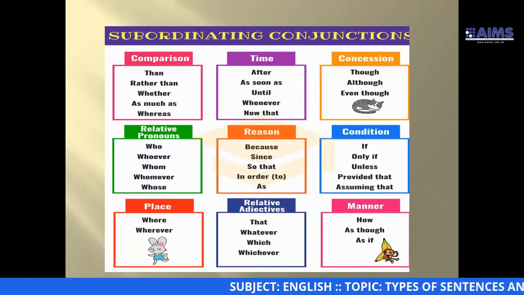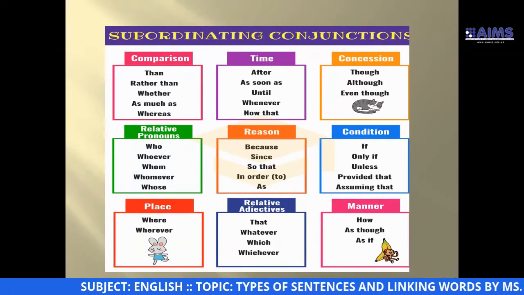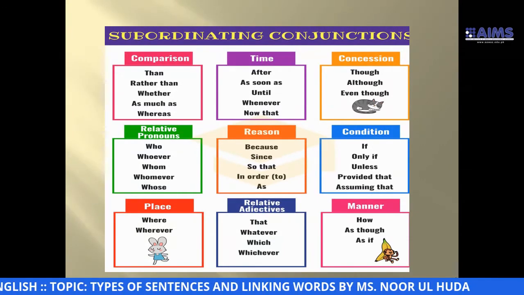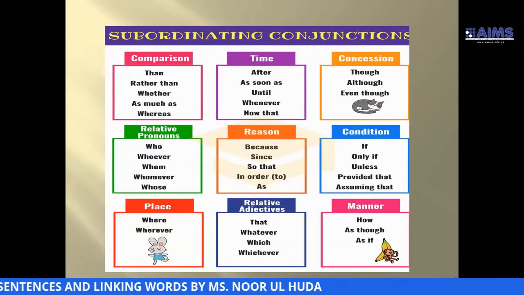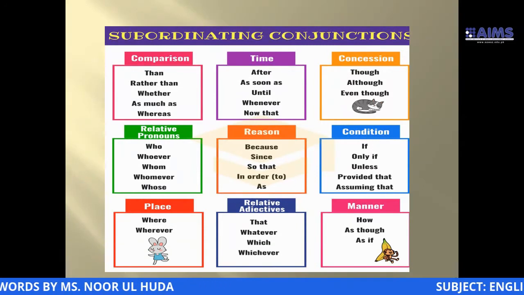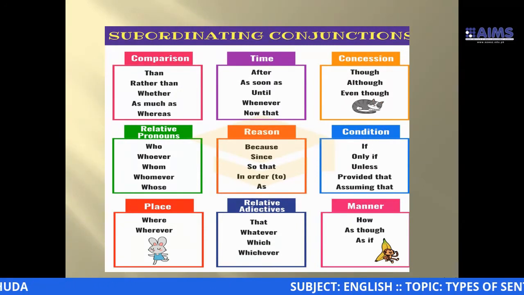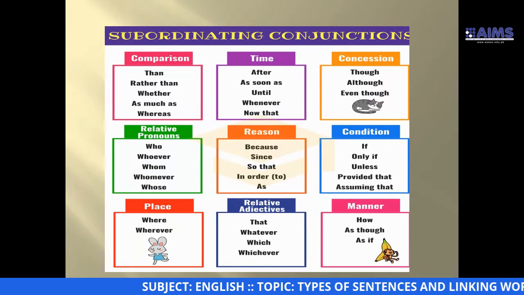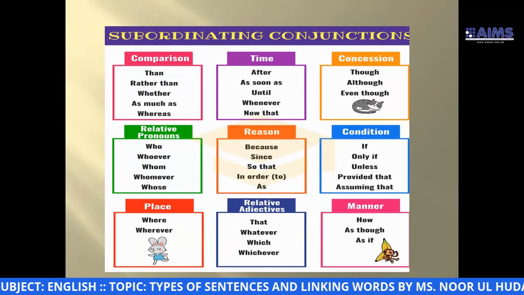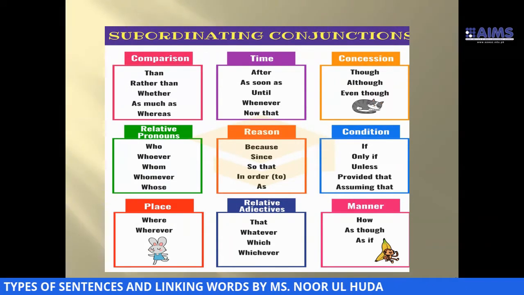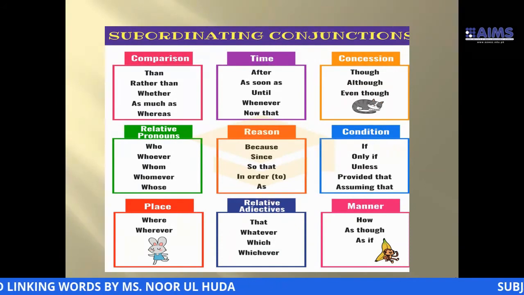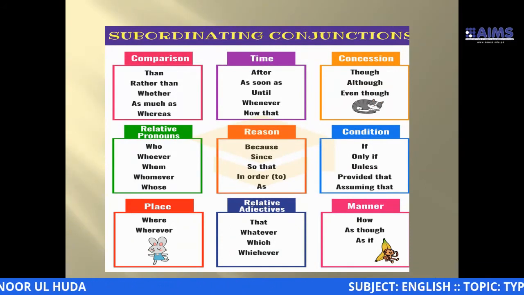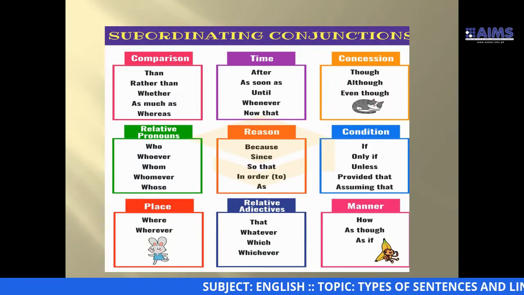Relative pronouns, like who, whoever, whom, whomever, whose, we also studied in relative adjectives or relative clauses. To show reasons we use because, since, so that, in order to, as. To show condition we use if, only if, unless, provided that, assuming that.